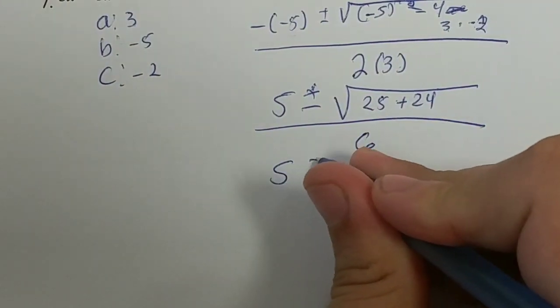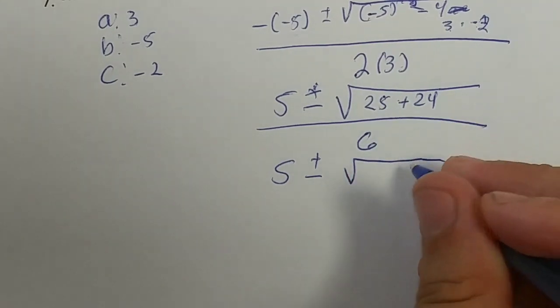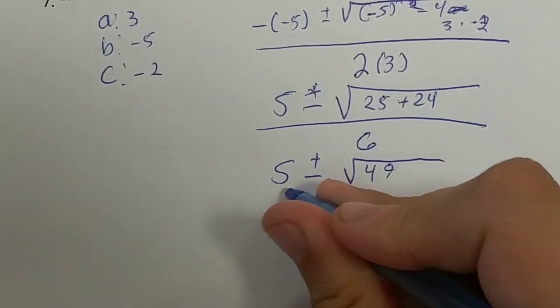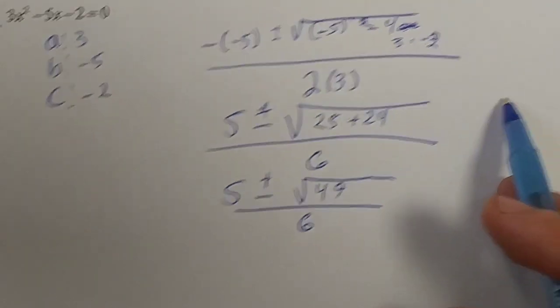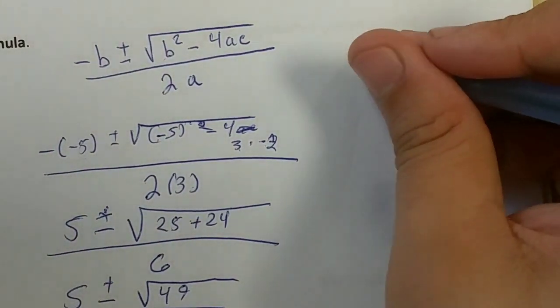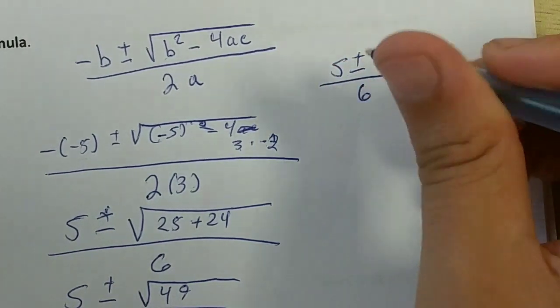So we have 5 plus or minus the square root of 25 plus 24, which is 49, over 6. Now you can use your calculator to check, but I know the square root of 49 is 7. So 5 plus or minus 7 over 6.